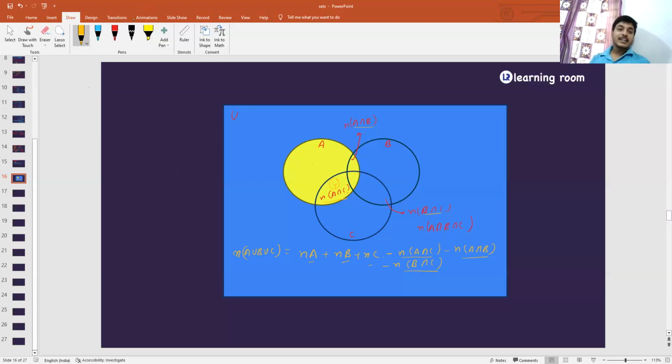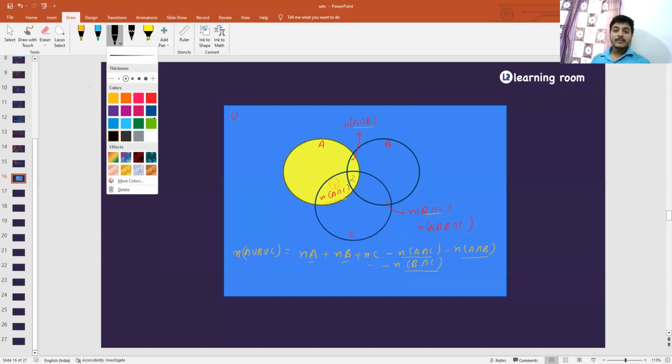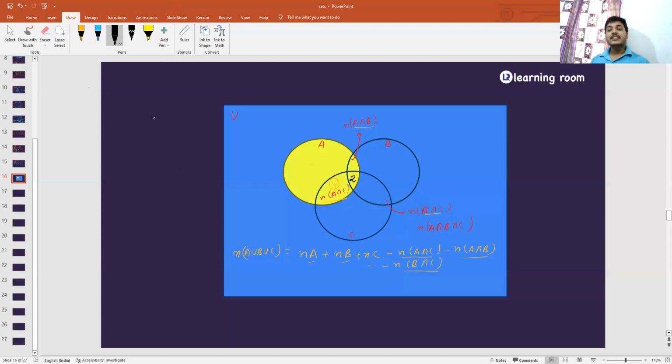If this site contains element 2, if I'm writing n(A), it will be there. Agree or not? If I'm writing n(B), it will be there. If I'm writing n(C), it will be there. Yes or no? Again, if I'm subtracting n(A intersection C), it will be subtracted once. In A intersection B, again it will be subtracted once, and in B intersection C, again it will be subtracted once. So we added it 3 times, we subtracted it 3 times.